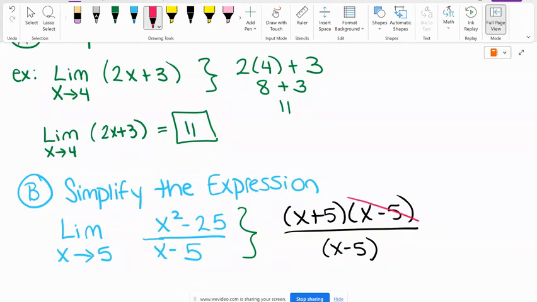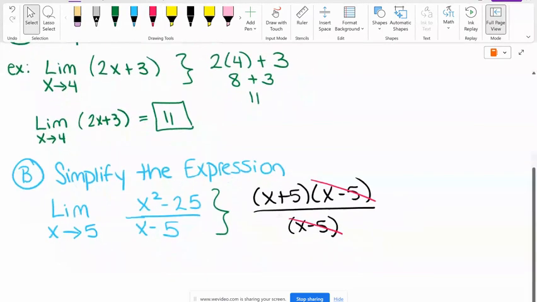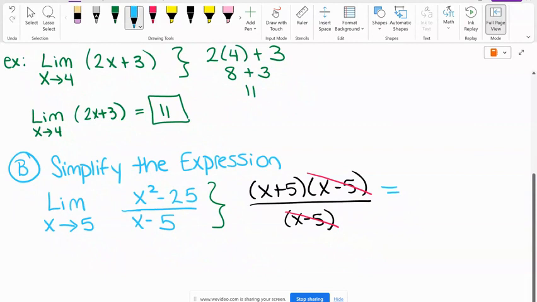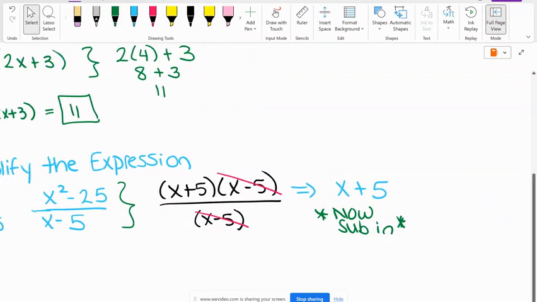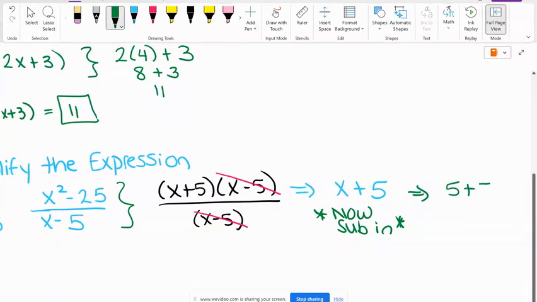I can cross out the x minus 5s, which brings us down to what? x plus 5. Now that I'm down to x plus 5, guess what I'm going to tell you to do? Substitute in. So once we sub in, we're going to get 5 plus 5, which is 10.